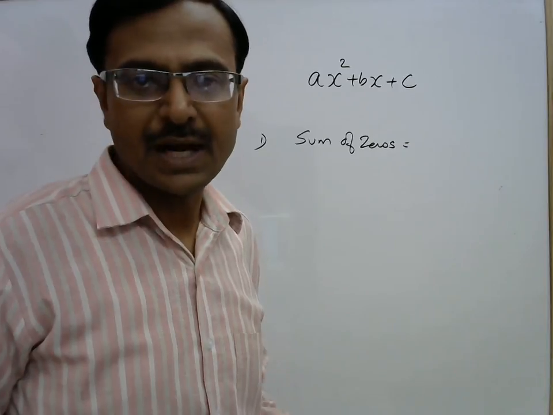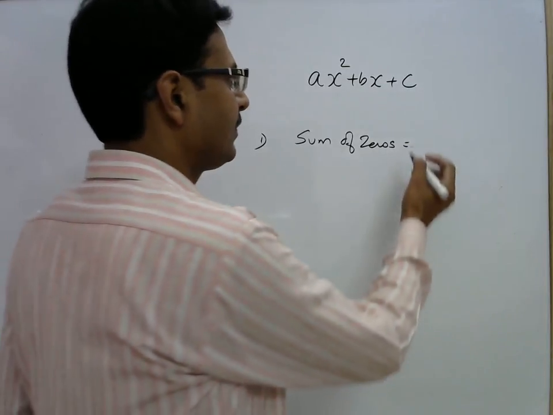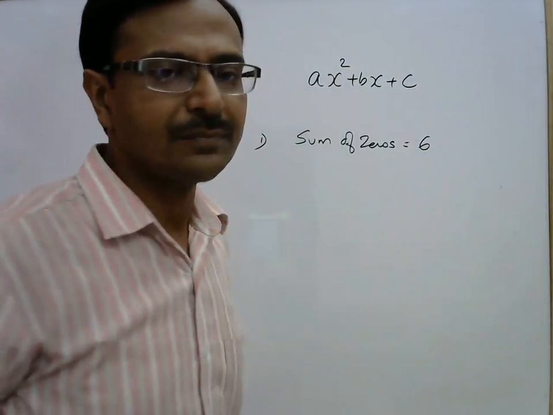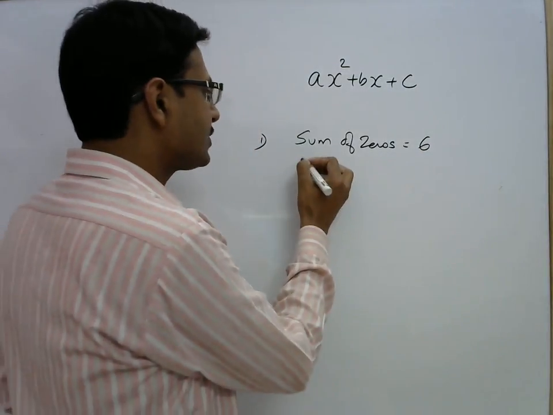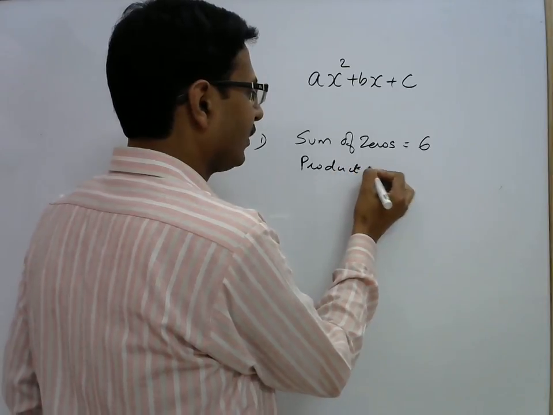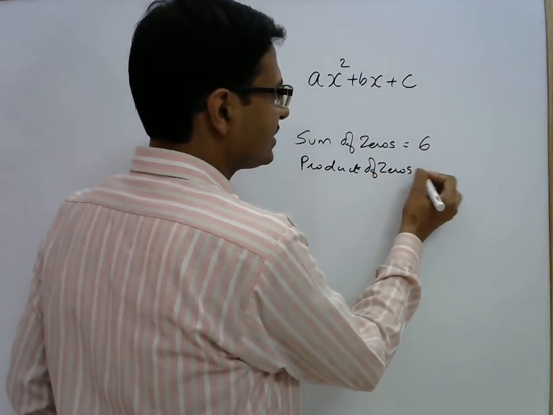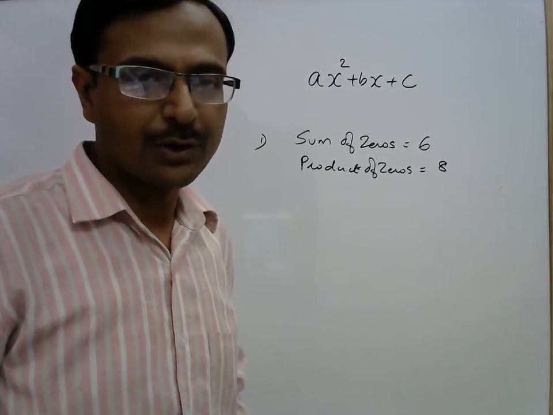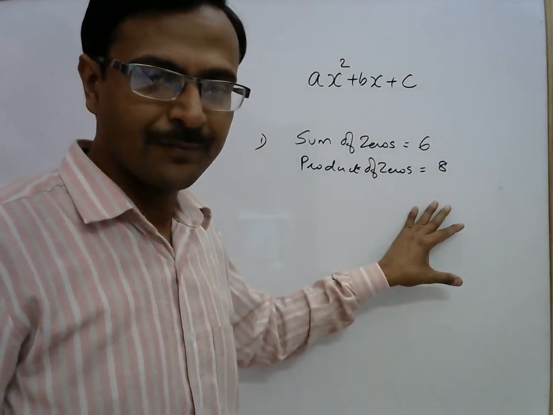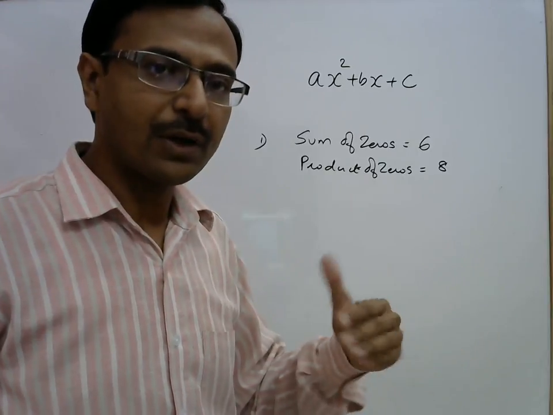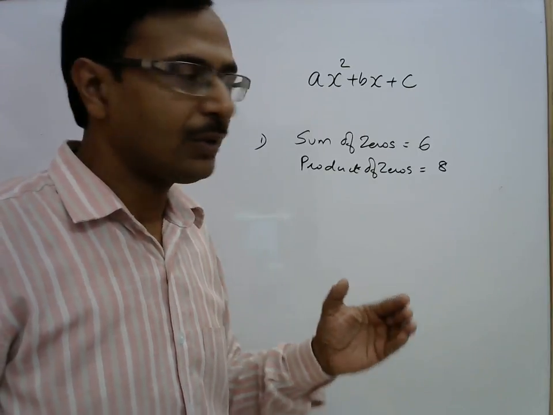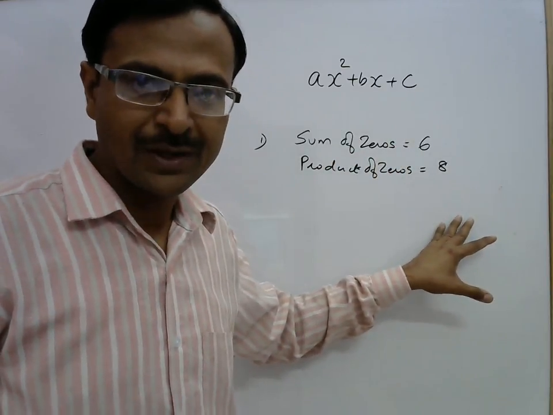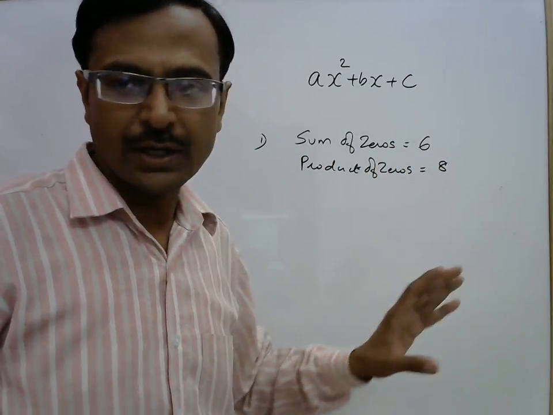So the sum of zeros which I am taking is a simple number, say 6, and the product of zeros is given as 8. Now whenever the sum and the product of zeros is known, then we can find out the quadratic polynomial of which the sum of zeros is 6 and product of zeros is 8. So I have taken a very simple value just to tell you the concept.